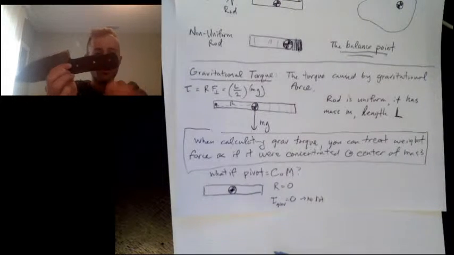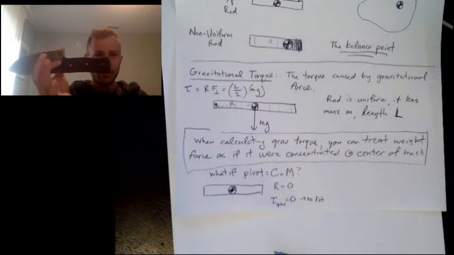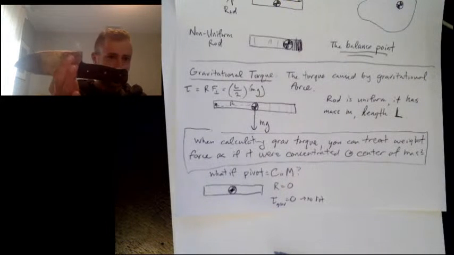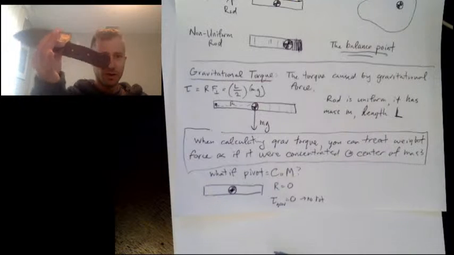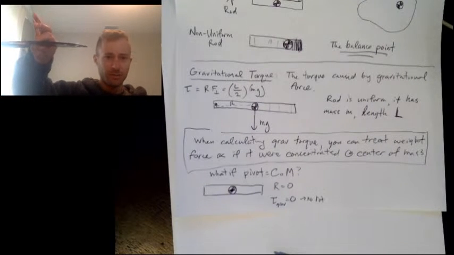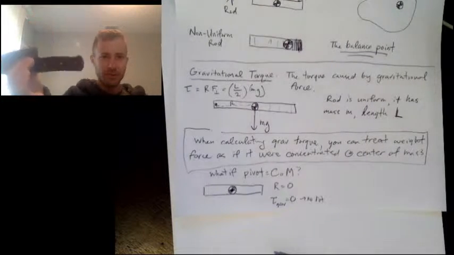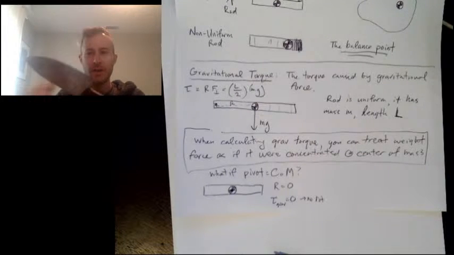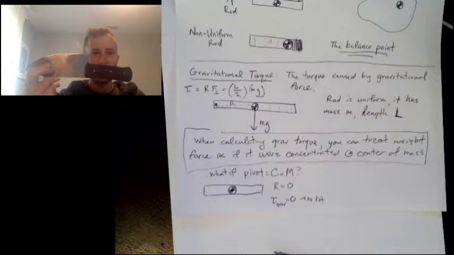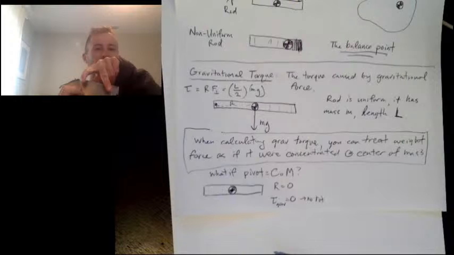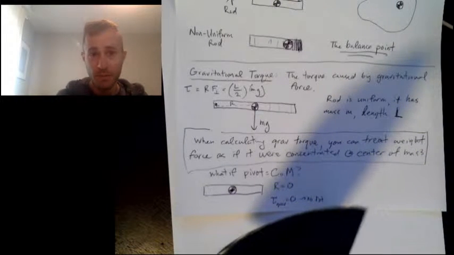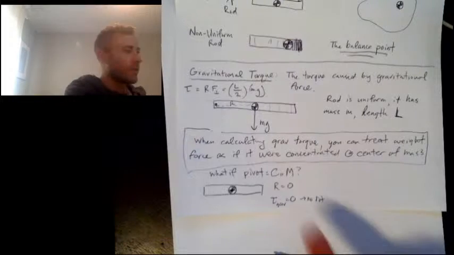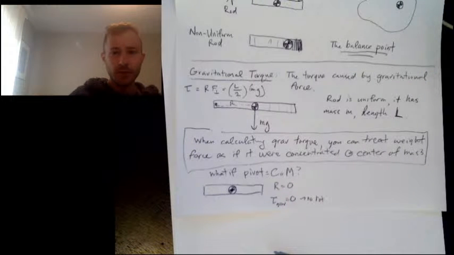That's how you can locate the center of mass: you just try and pinch it at a point where it doesn't rotate. So this is the center of mass. See how no matter what orientation I hold it in, it doesn't want to rotate because it's balanced. If I hold it from a different location, there's a separation between the center of mass and the pivot point, so it has an R value.